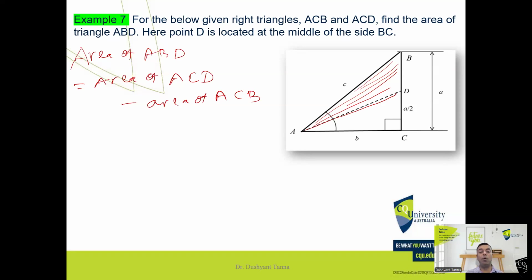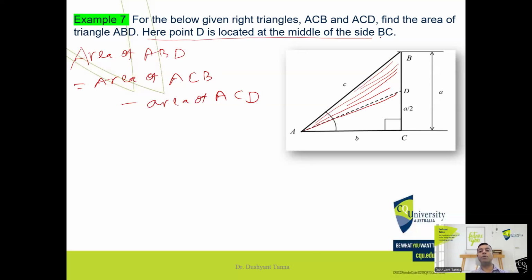Don't change the order of letters because the right angle has to be in the middle, right? So even though we like ABC, in this instance, it has to be ACB. Bigger minus smaller, right?